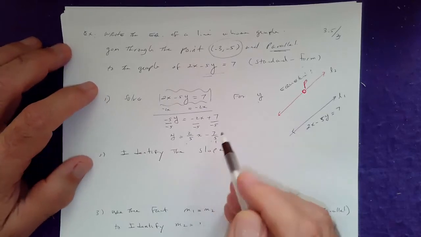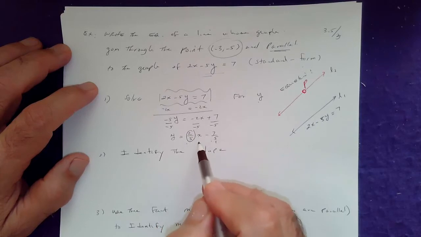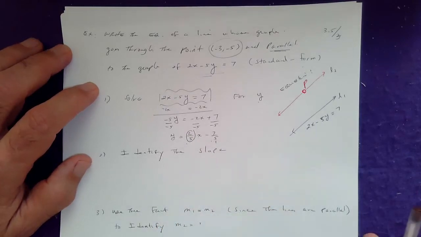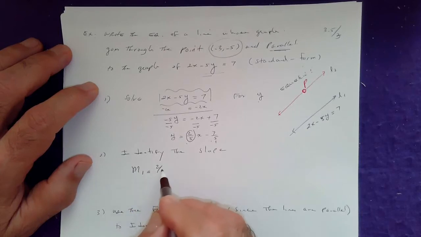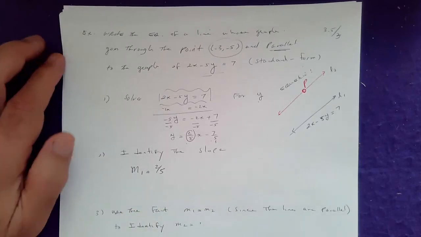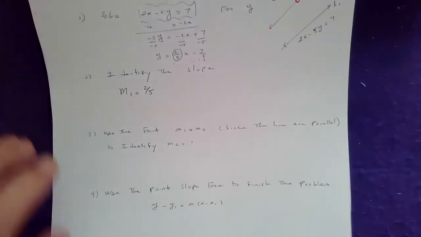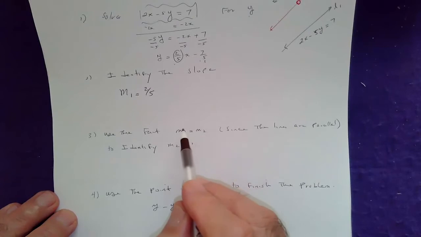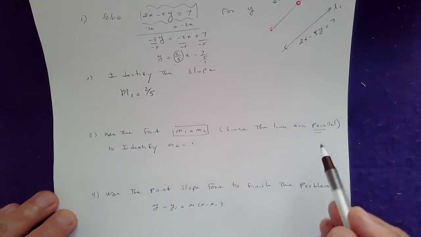Why did I do that? To identify the slope of the line, which is the coefficient of x on the right side. In other words, the slope of the black line, M1, is 2/5. So that's step number 2. Step number 3: use the fact that the slopes have to be identical if the lines are parallel.